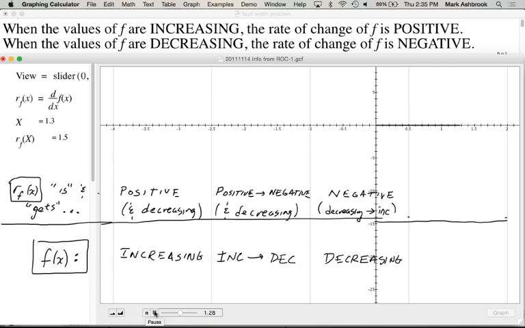Analyzing the rate, making conclusions about the function. Okay, there should be a lot more people talking right now. Kathy, you should be talking. Go.